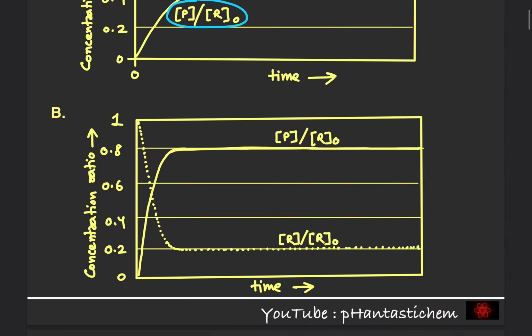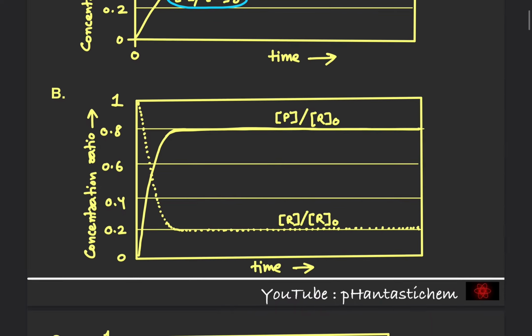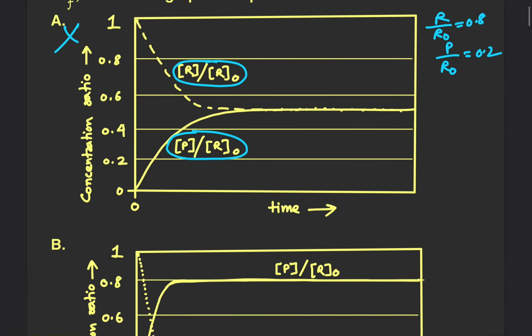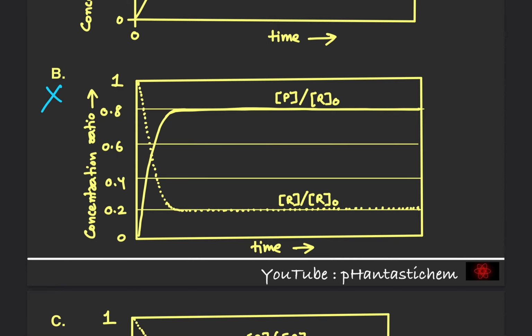In B, at equilibrium, R by R naught is equal to 0.2 and P by R naught is 0.8, which is incorrect because P by R naught is actually 0.2 and R by R naught is 0.8. So B is also ruled out.